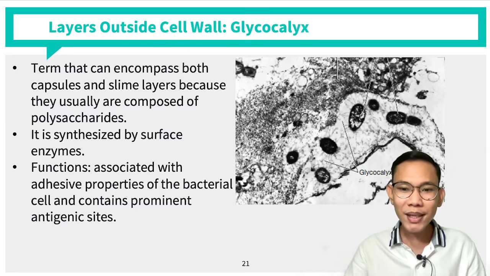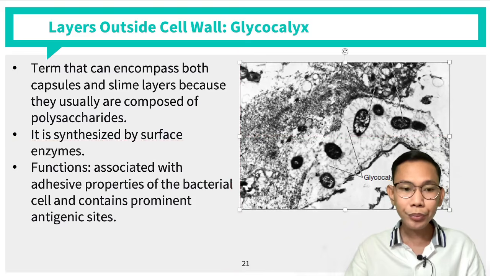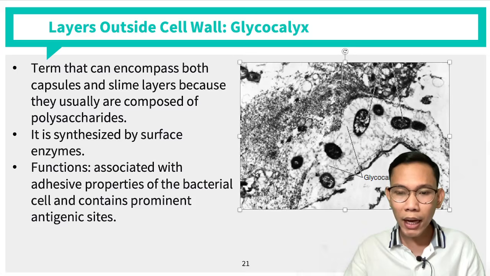As what you can see in this diagram, tingnan natin. This is your bacteria, another bacteria, another bacteria. And this is your intestinal wall. So, your bacteria are connected to each other and also to the intestinal wall. Di ba napapansin natin?